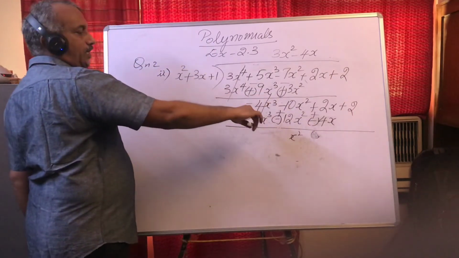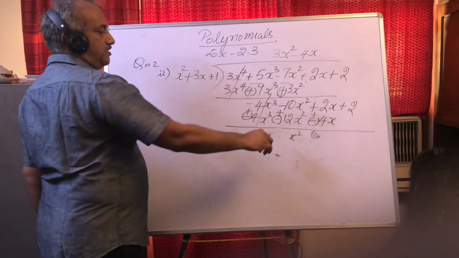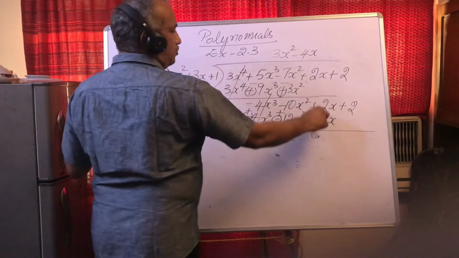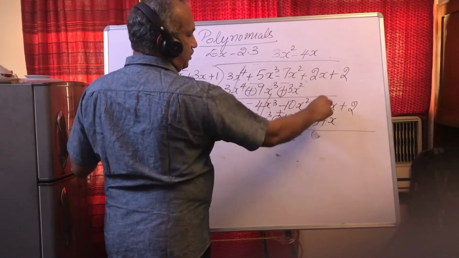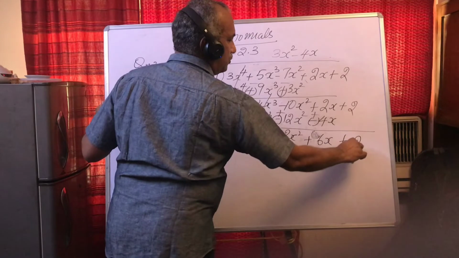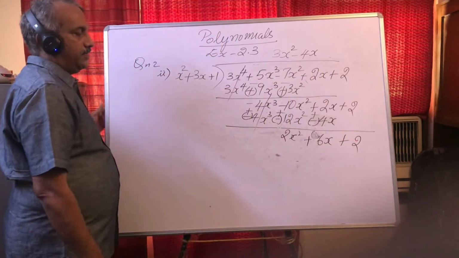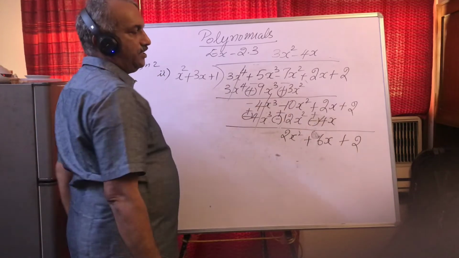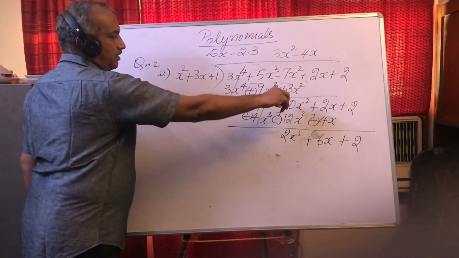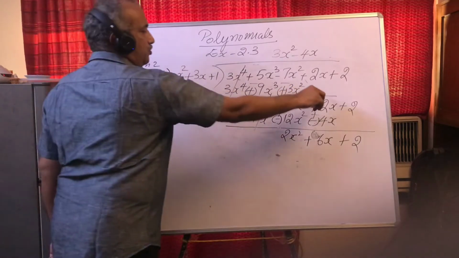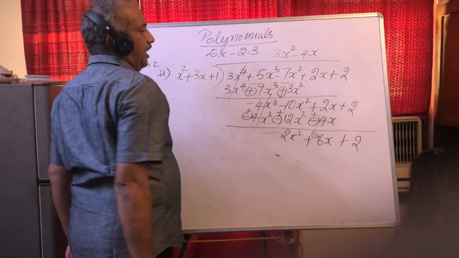So first these two are cancelled, minus 10 plus 12, so 2x square, then minus 4 plus 4x... 2 plus 4, 6x plus 2. Now again we will divide. See, once again, I wrote 12 but read it as 2 in the beginning, but it is 12. So minus 10 plus 12 is 2x square, and 2 plus 4 is 6x and plus 2.